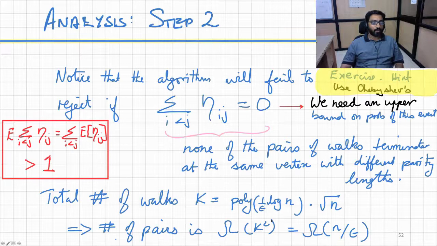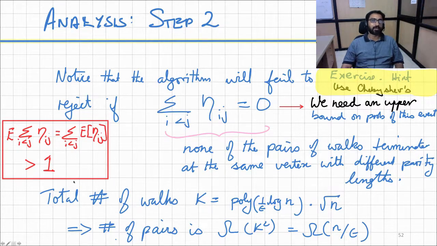So with that assumption, this expectation is going to be of the order of epsilon over Cn, but then we're summing over all pairs, and that's going to be big omega of n over epsilon. So the n and the epsilon will cancel out, and this expectation will be some theta of 1 term.